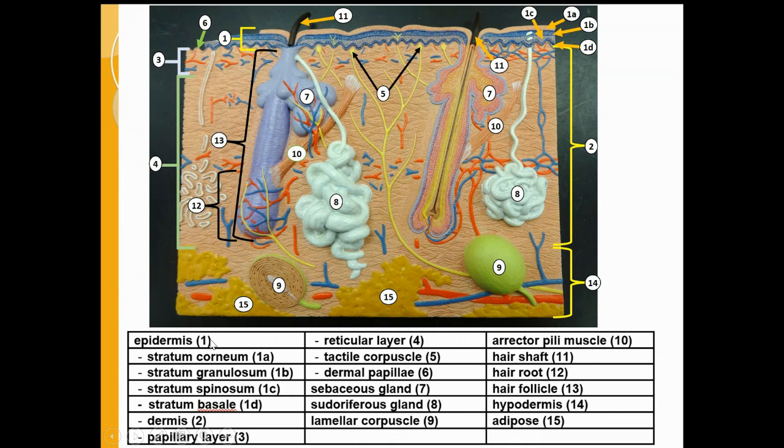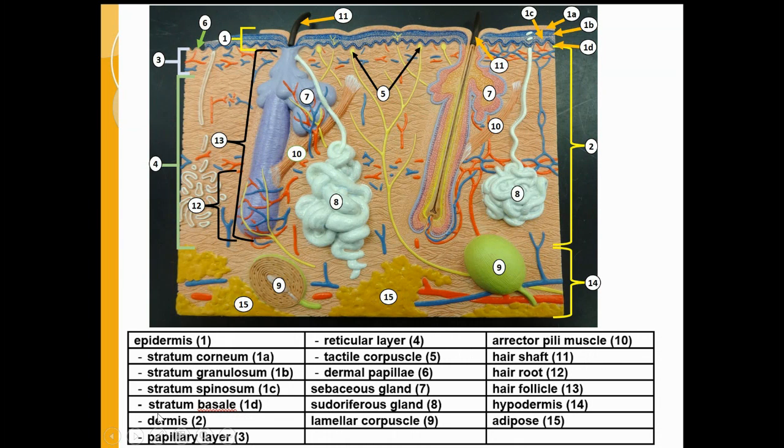I'm sure there's one that removes that L, but you can come up with a mnemonic if that helps you. Or if you look at their names, you might be able to do them that way also. The biggest thing is corneum is cornified on the outside, and basale is at the base. But the granulosum and the spinosum may be a little harder to do just based on their names.